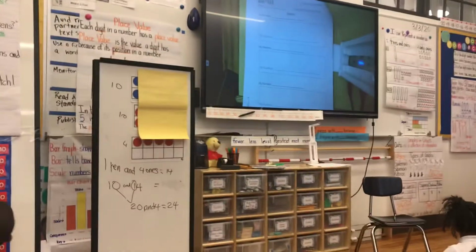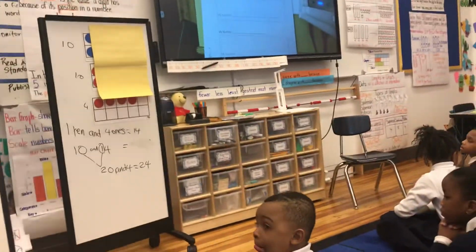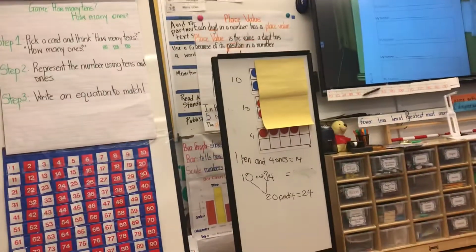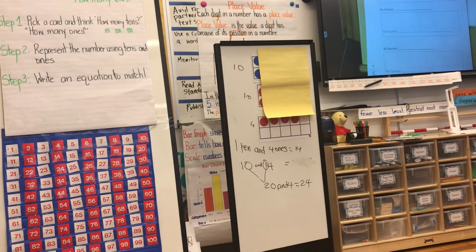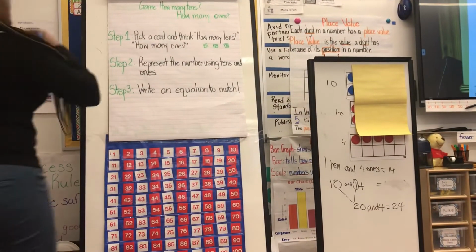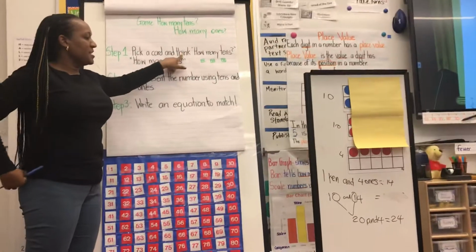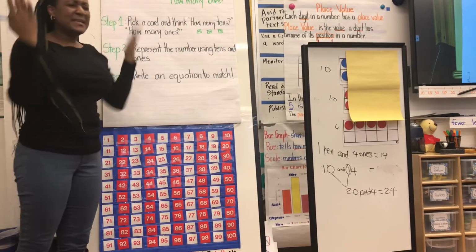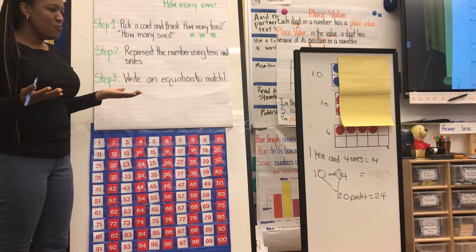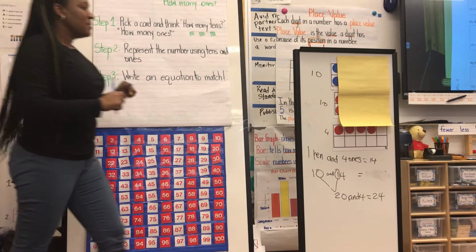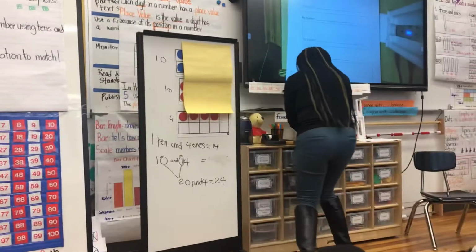The first step, Eli, watch me. It's my turn. The first step is to pick a card and think: how many tens? How many ones? You have a deck of cards.